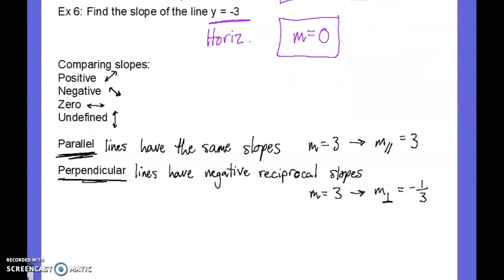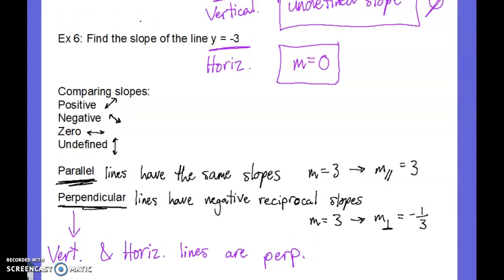One thing I want to mention as well is, because it's technically not negative reciprocals, but vertical and horizontal lines are perpendicular.